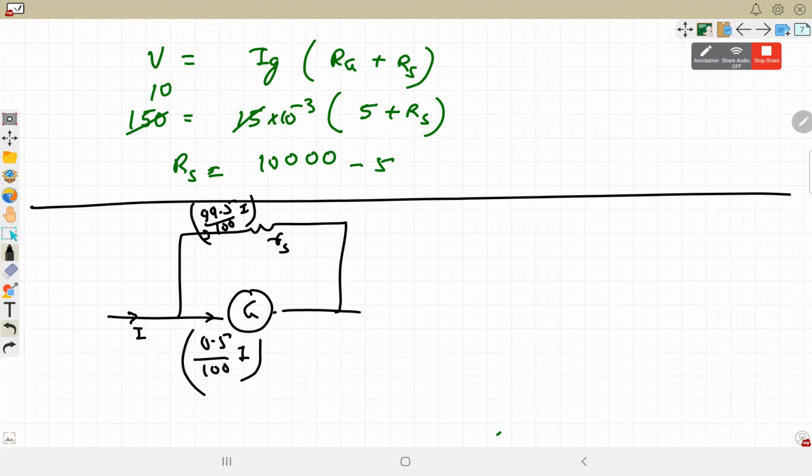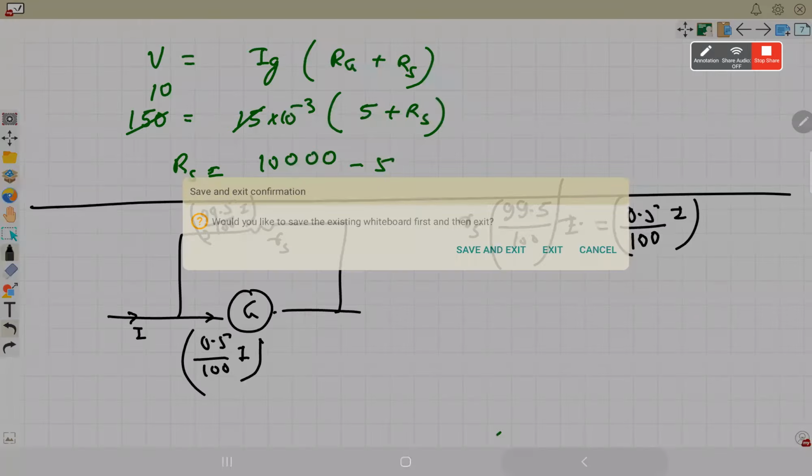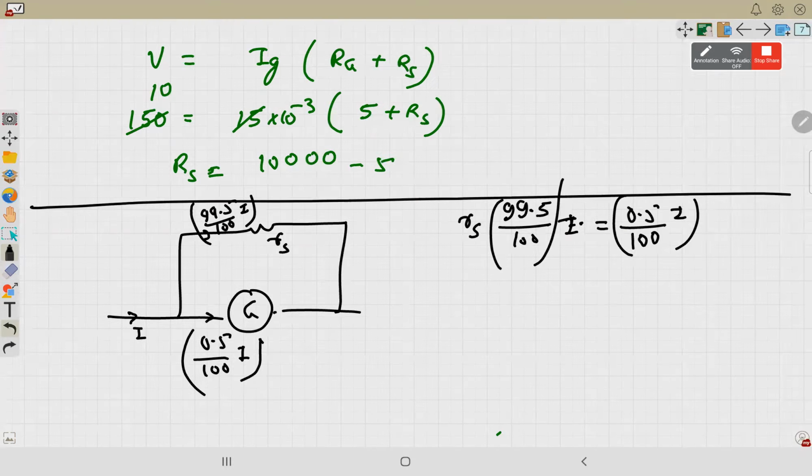We equate the potential of the two in parallel. 99.5 by 100 times I times RS is equal to 0.5 by 100 times I times capital G. So 100 gone, I gone.